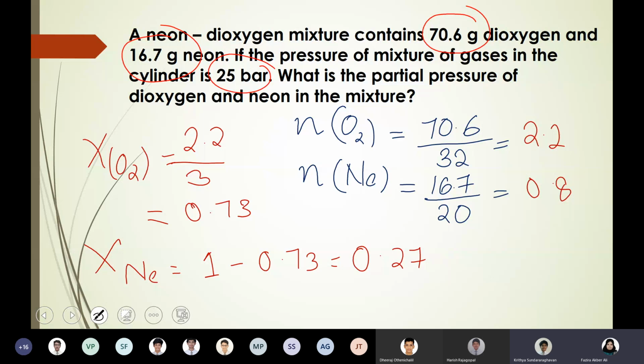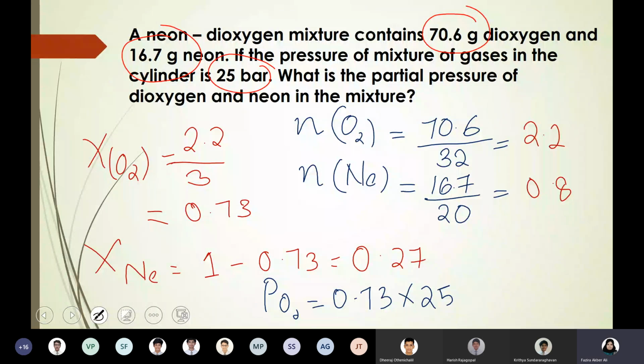Now better find the partial pressure, right? You can do the partial pressure here. Partial pressure of oxygen is equal to 0.73, that is the mole fraction, into 25, that is the total pressure.